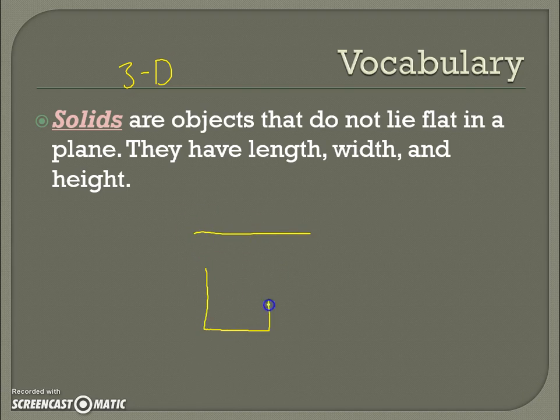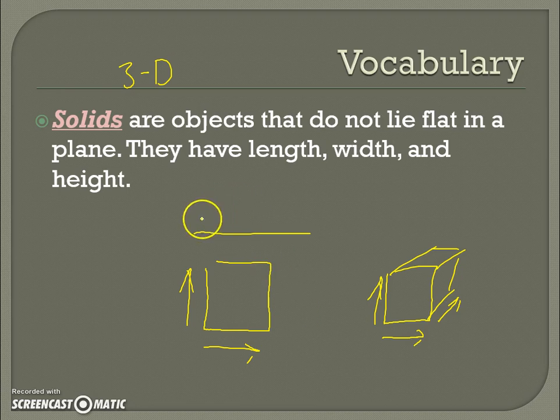A shape has 2 dimensions. This has 3 dimensions, where there's my awesome cube. It has a height, and it has a width, and then it also has a length. So 3 dimensions here. So again, 1D, 2D, 3D.